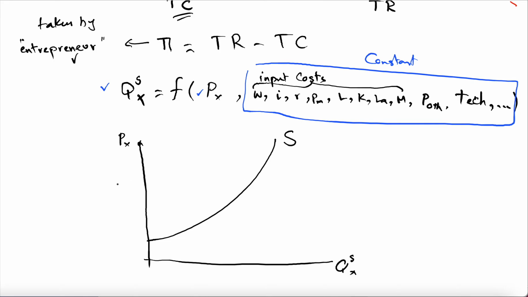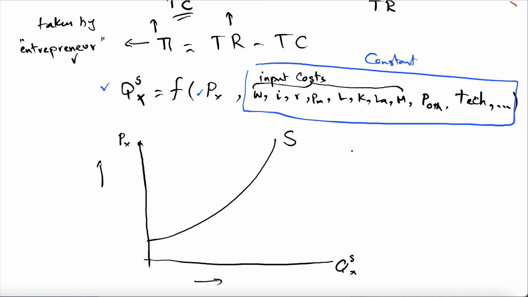It means that if the price goes up, you, as the entrepreneur, decide to produce more and more, because everything else remains the same. It means these are constant, technology is constant, price of other things is constant, so you can make more revenue. If this side is increasing, your profit is increasing, hence you are willing to produce more and more.